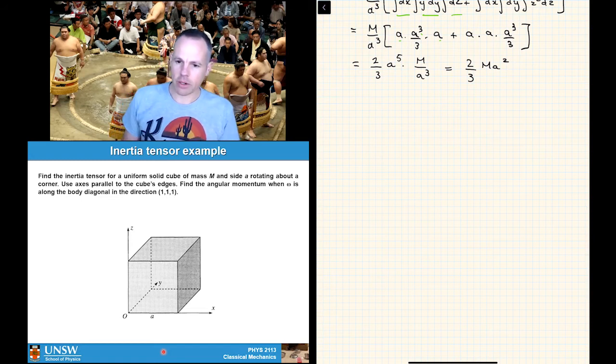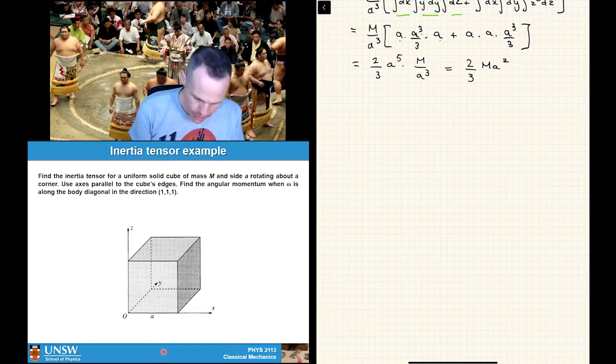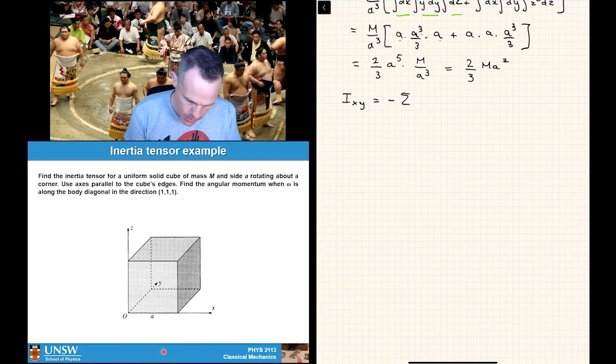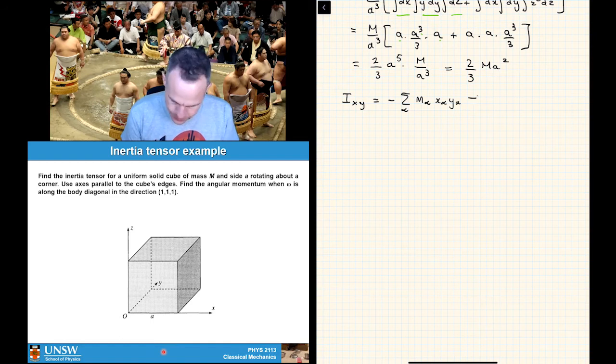And then what I want to do is get the other component in here, the product of inertia, this xy. So it's minus sum over alpha of m_alpha x_alpha y_alpha. Actually, let's just get rid of this bit and go straight to the integral.